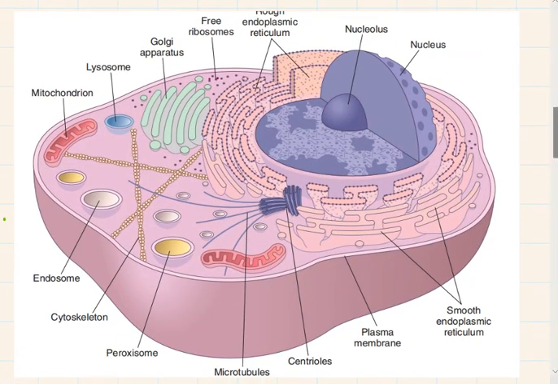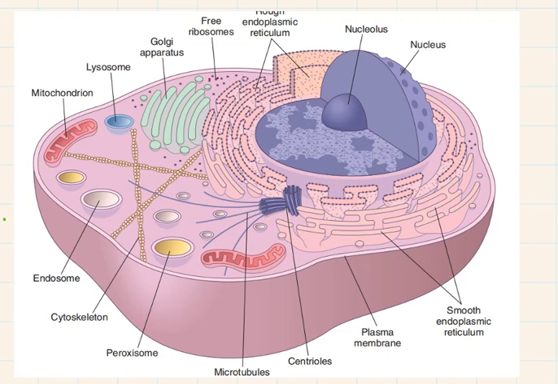We'll just read the names. This is the nucleus, and inside it there is a nucleolus. This is the nuclear membrane. This is the endoplasmic reticulum, you can see. These dots are nothing but ribosomes. If you find the endoplasmic reticulum with these dots, with ribosomes, that is called rough endoplasmic reticulum, and the one without the ribosomes, without these dots, is called smooth endoplasmic reticulum.